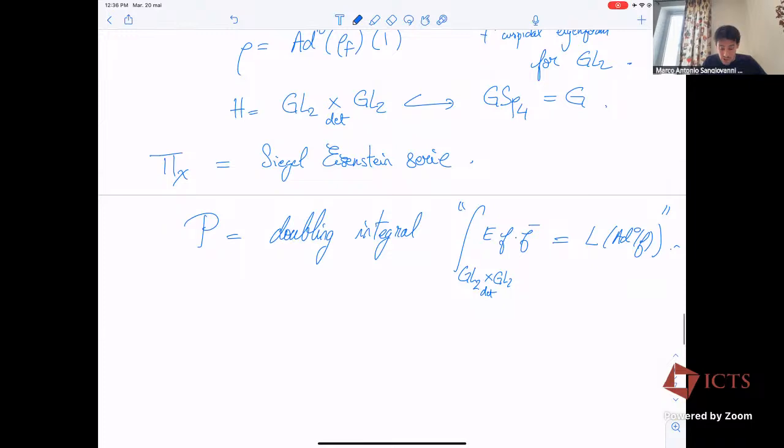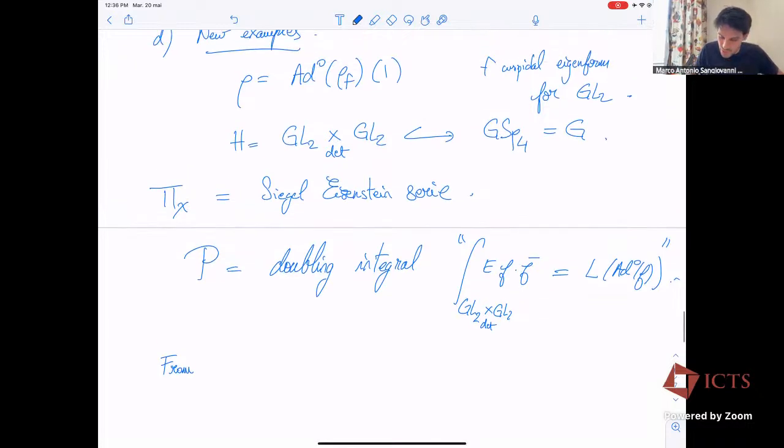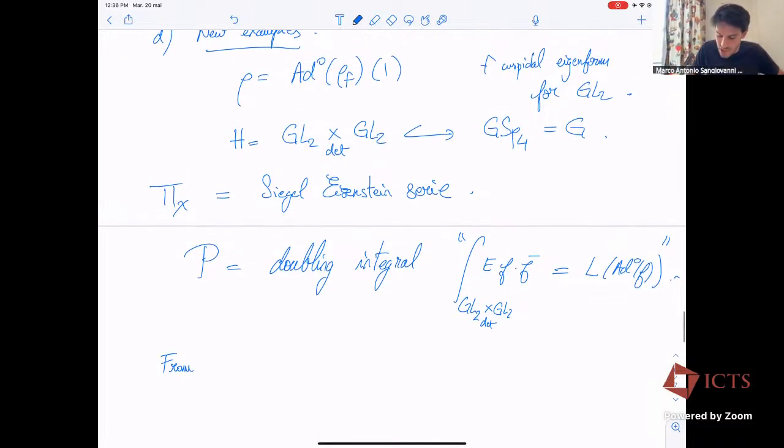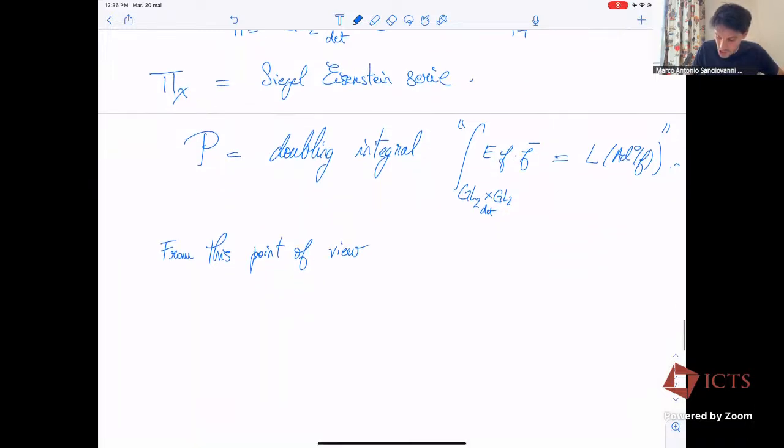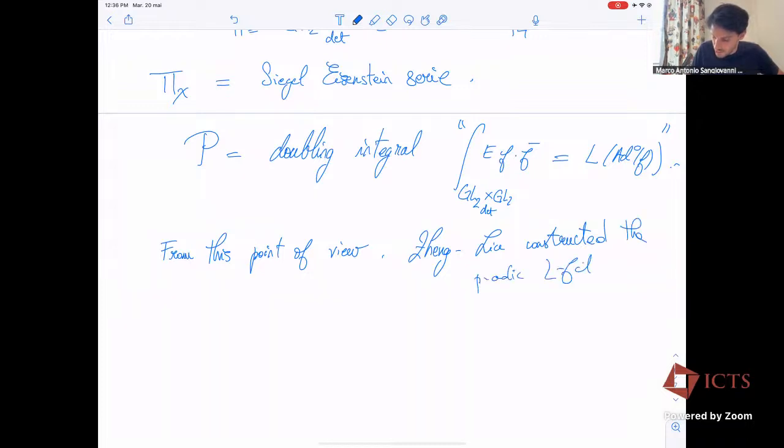And so who constructed the p-adic L-function from this point of view, for really any GSp4? Zheng Liu, the p-adic L-function that we need, or rather the formula for the p-adic L-function that we need.